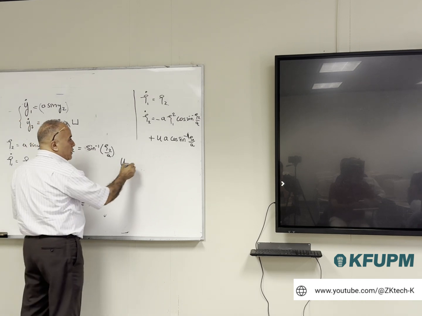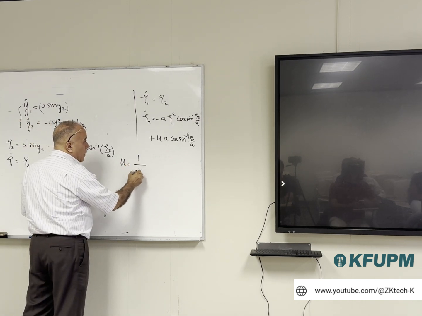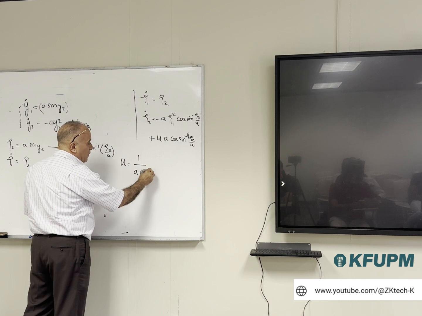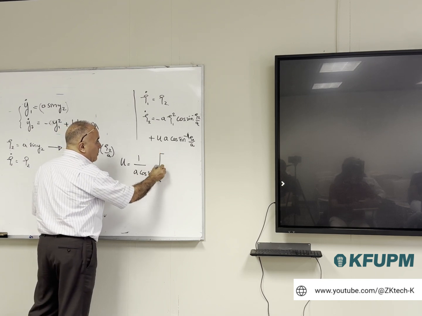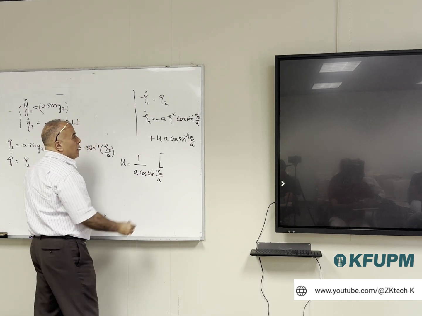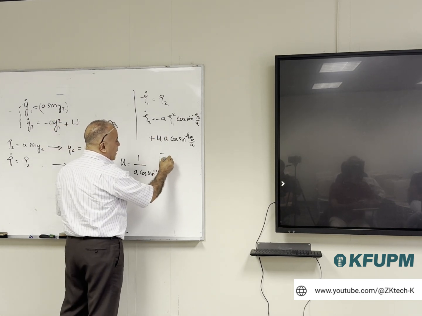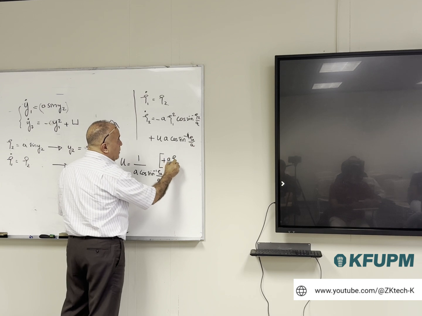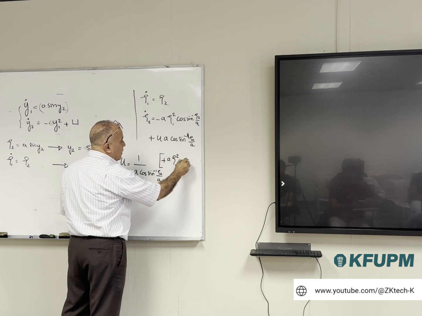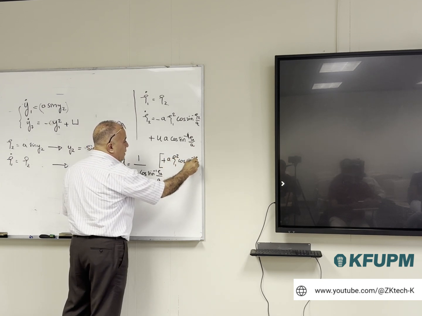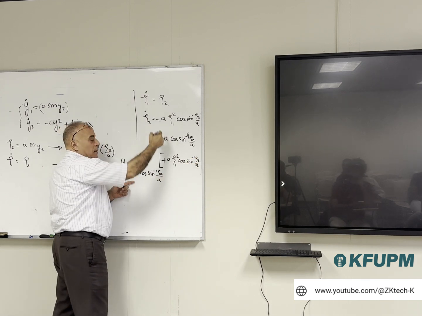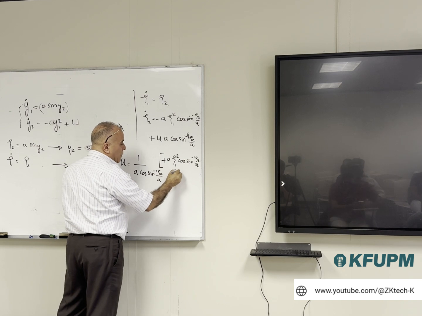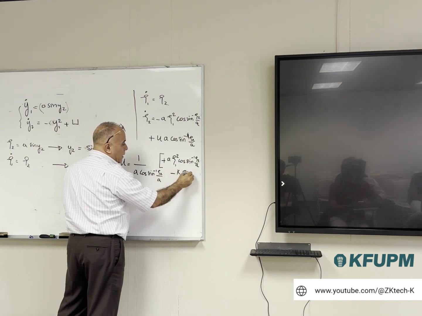I will put u equal to 1 over a cosine of sine inverse of zeta 2 divided by a, the whole thing multiplied by plus a1, a zeta 1 squared cosine of sine inverse of zeta 2 divided by a. So this will cancel this nonlinearity. And then I will add here minus k1 zeta 1 minus k2 zeta 2.